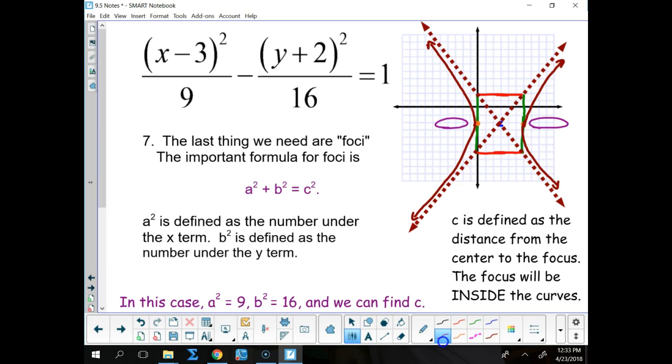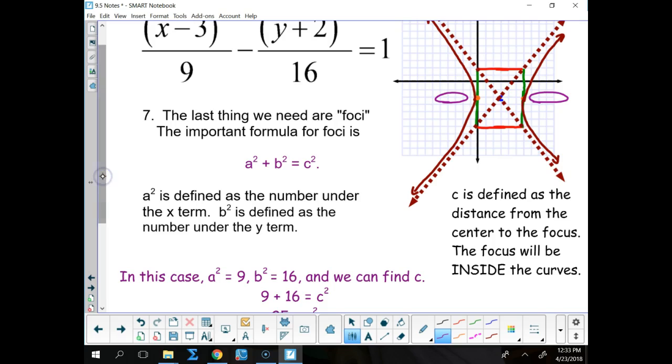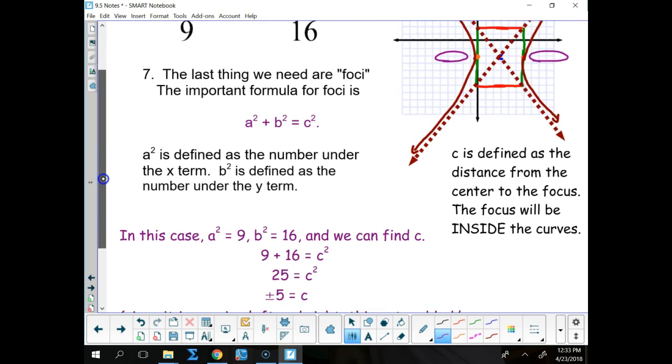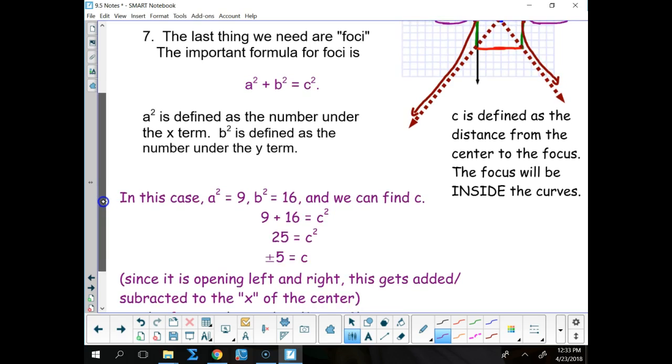Okay? We just have to find where. Okay? So a squared was 9, b squared was 16. 9 plus 16 is 25. The square root of 25 is really just 5 because it's a distance.